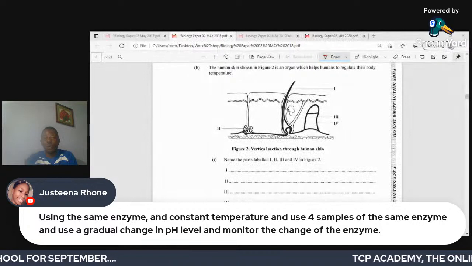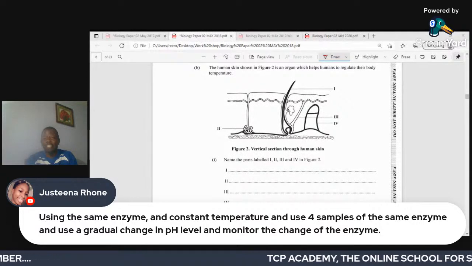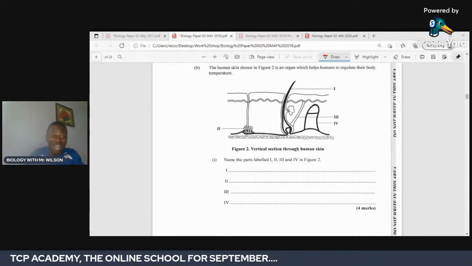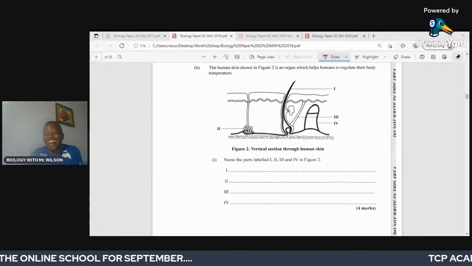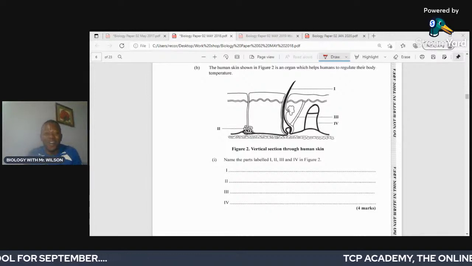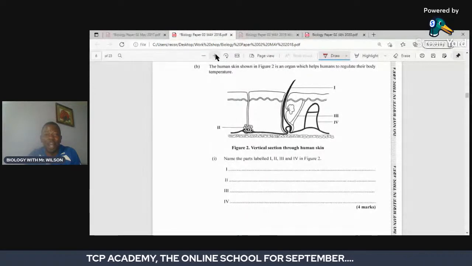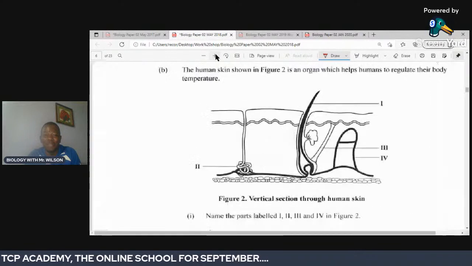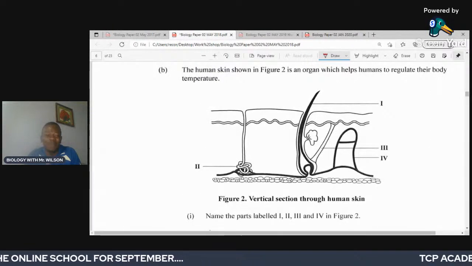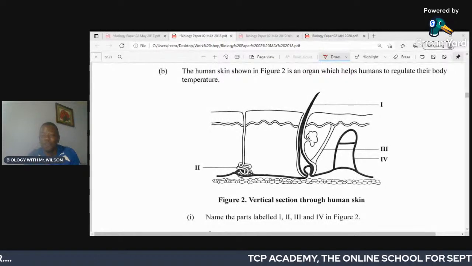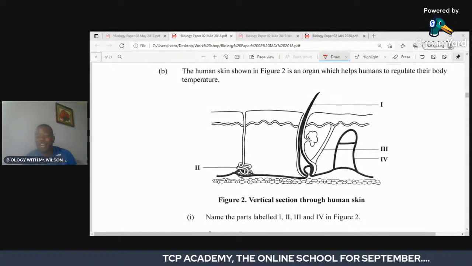The nice part of it is that all of us have a little skin, so you could just look at your skin and ask the skin, what is your name? Try something, but I want to know what name you would give to parts 1, 2, 3, and 4. It's very important that you know the names because we are going to be using these shortly thereafter to do something else. So let me see what you have.